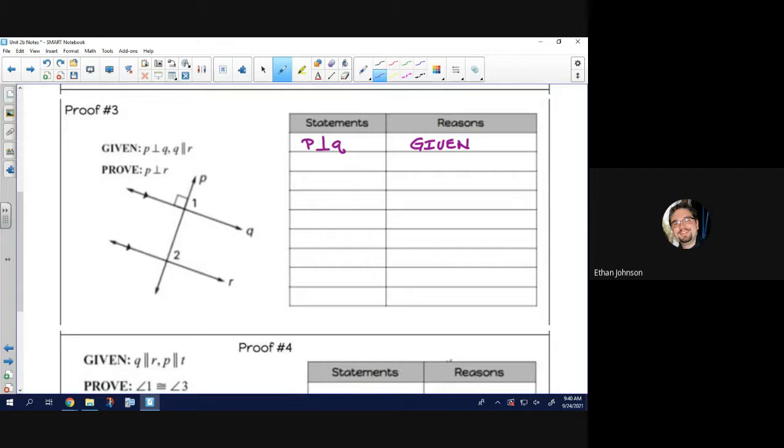So because we said these two lines are perpendicular, I know that angle 1 is a right angle. So this would be our definition of perpendicular.